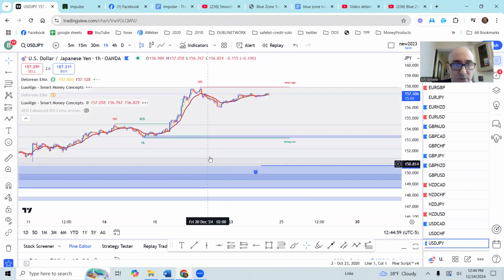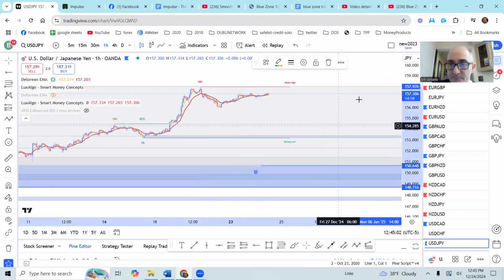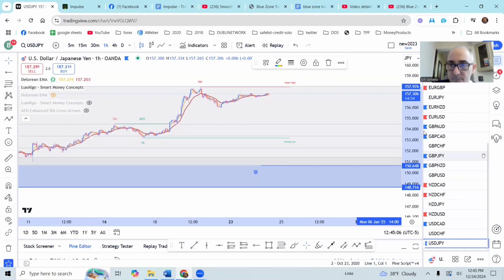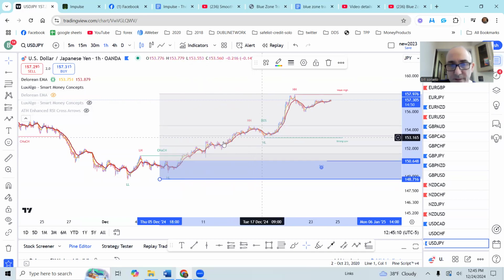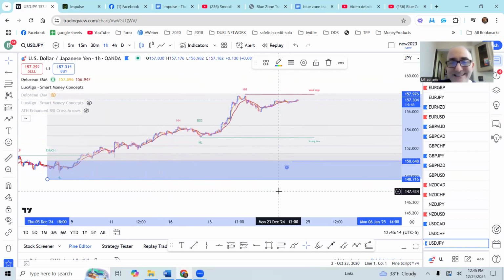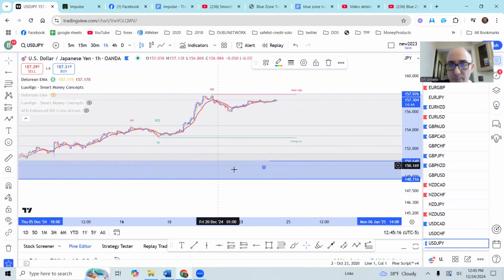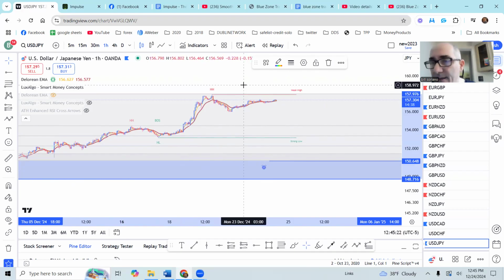We look on the 1 hour, we see the same thing, right? We see how price pulls back here, goes higher, pulls back here, goes higher. So price doesn't always make those deep pullbacks into our blue zone as it's moving in the direction of the trend.